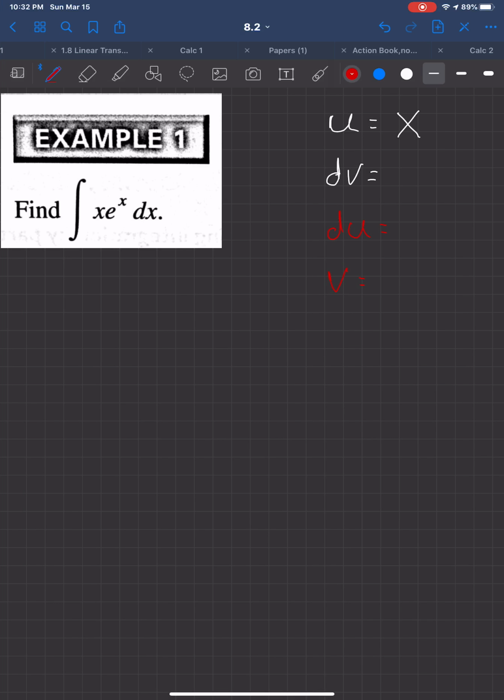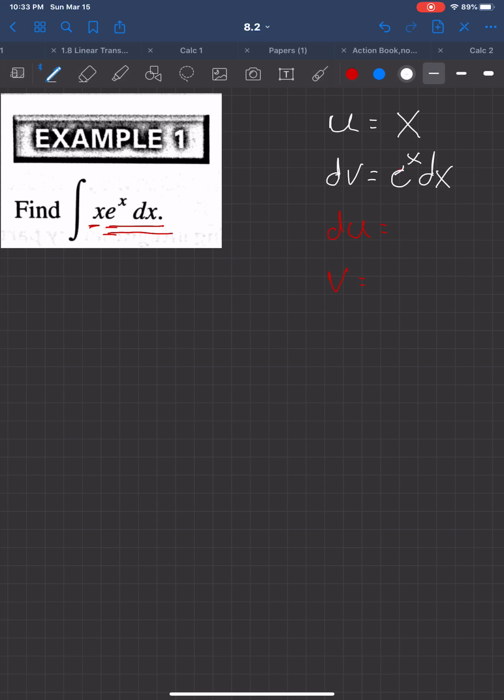So I chose u to be x, then what's left is this e to the x dx. So I'm going to let dv be e to the x dx.